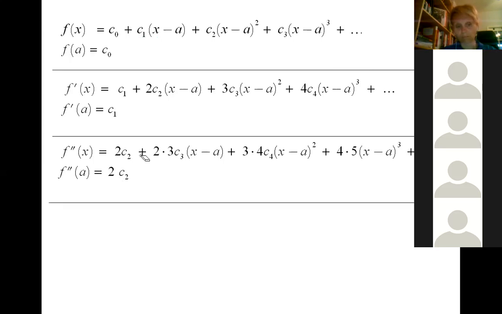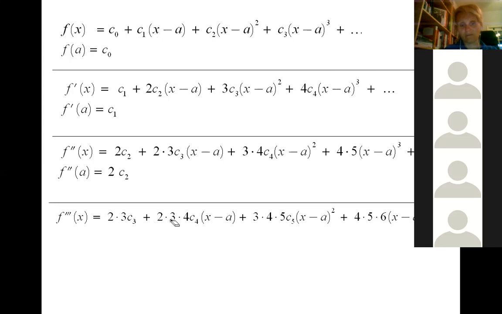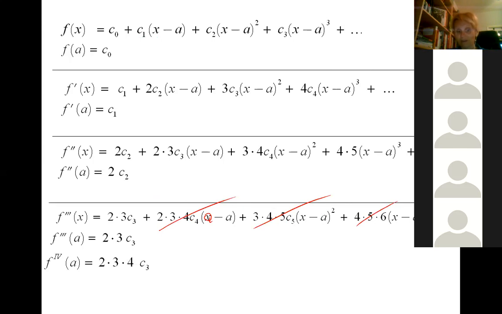Let's take one more, the third derivative. You can pause the video and double check everything is correct. Putting a instead of x, this is gone, and the rest of the terms are gone. The only thing that will stay is 2 times 3, c sub 3. Now I want to get a pattern.